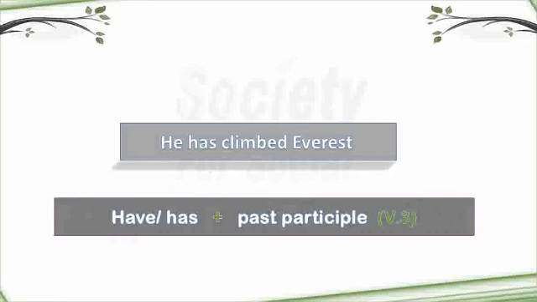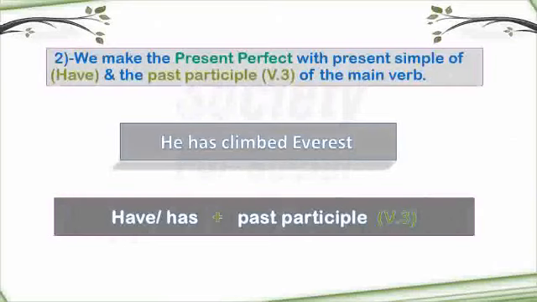Look, he has, so has is one form of the verb have, and the past participle of the verb climb is climbed, which is verb 3, so has climbed. So have or has plus past participle. Okay? So this is the conclusion here. We make the present perfect with the present simple of have, which are have or has, and the past participle or verb 3 of the main verb, such as climbed here. Okay?